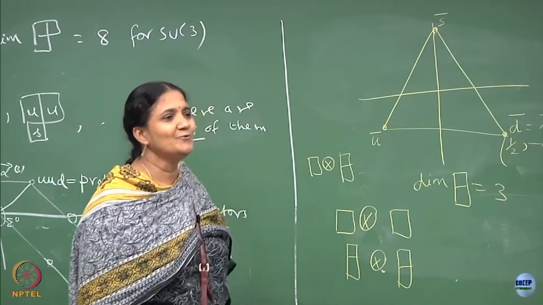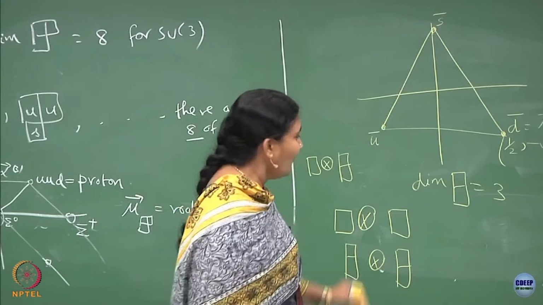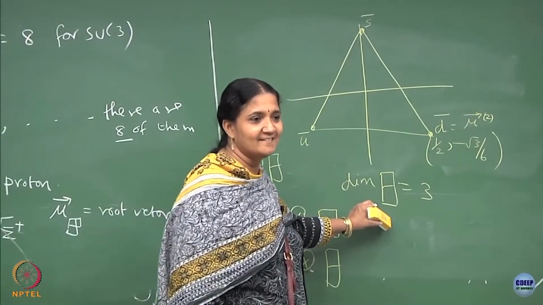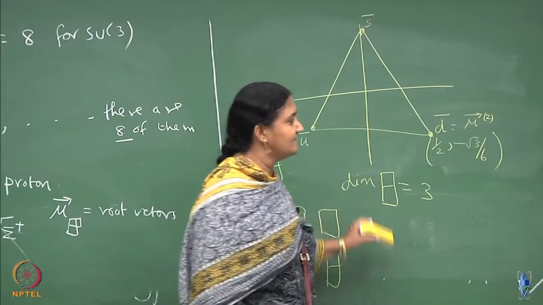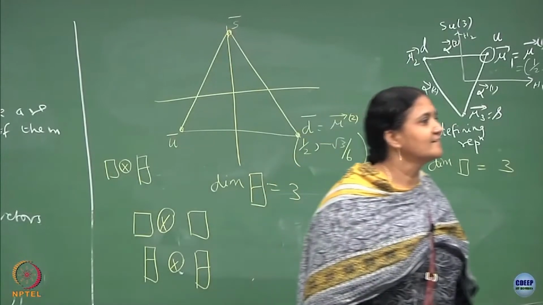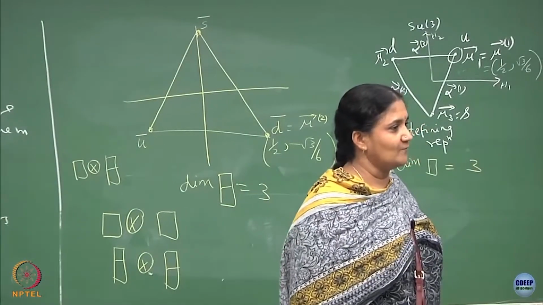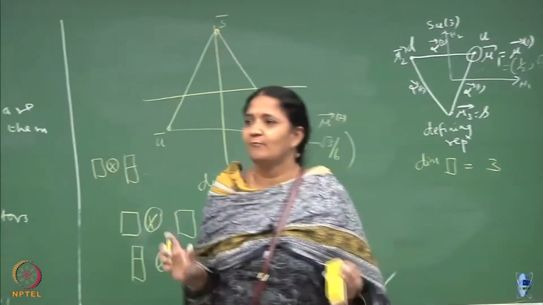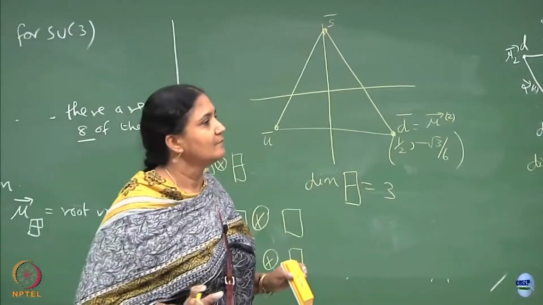In SU2, you do not have this diagram, right. You have only spin half particle as a fundamental object, up and down, and you take tensor product of only spin half particles, clear.